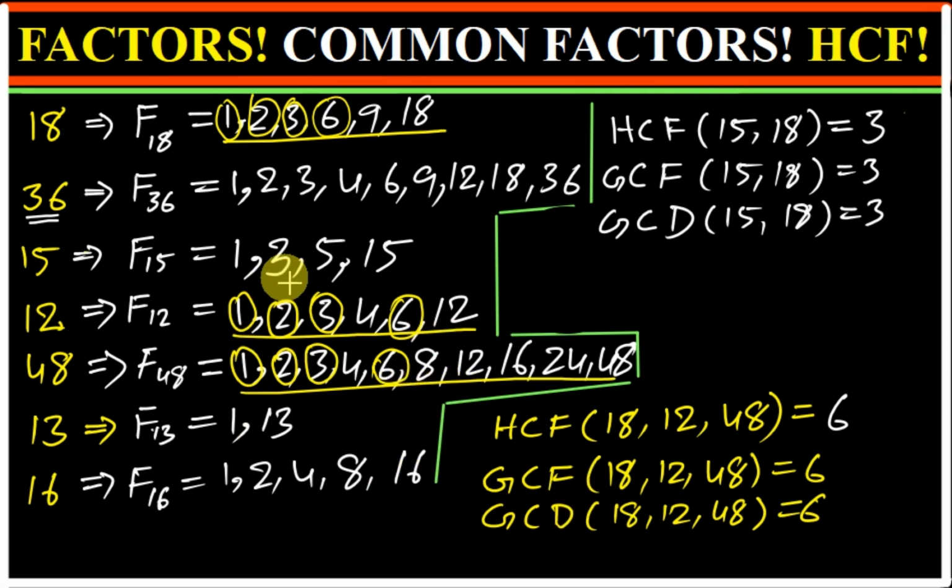By using this method, we cannot easily find the highest common factor of large numbers. So for that we have another technique, called the prime factors method. We'll discuss in the next video how to find the highest common factor of large numbers using the prime factors method.